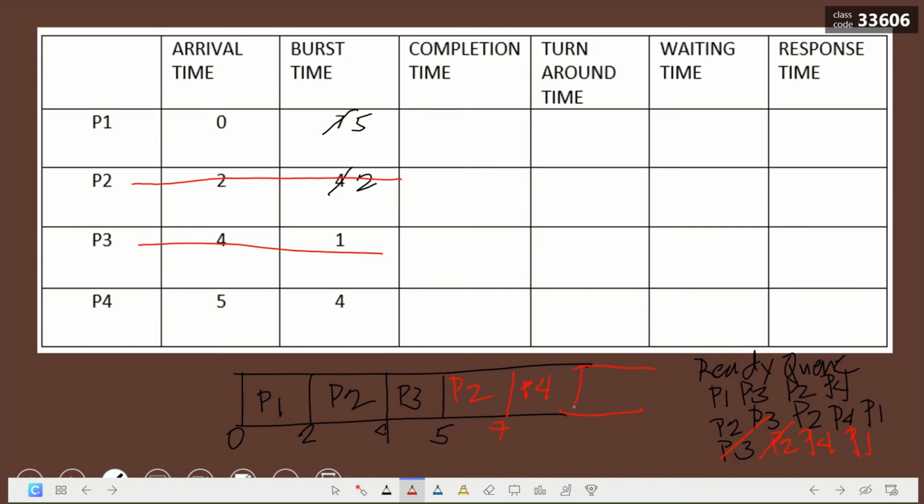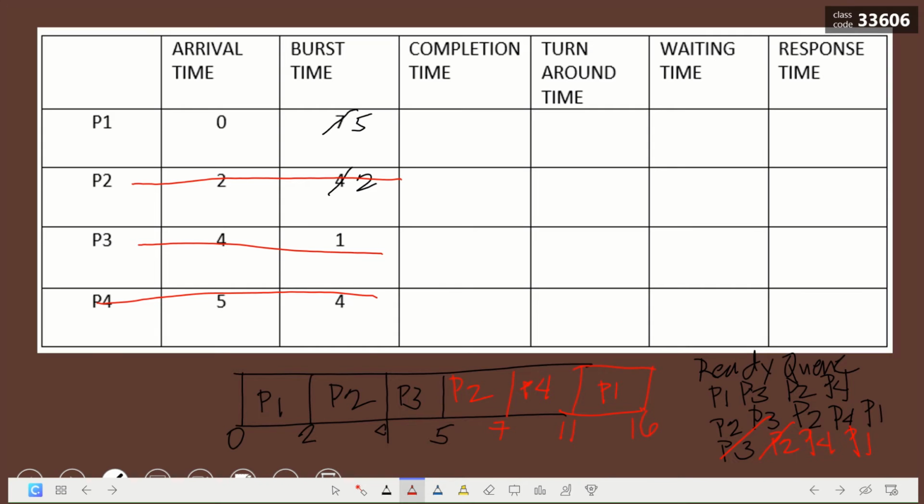So, 7 plus 4 is 11. Okay. Next, the last CPU to be executed is P1 because we are already done executing P4. So, P1 has its burst time of 5. So, 11 plus 5 is 16.